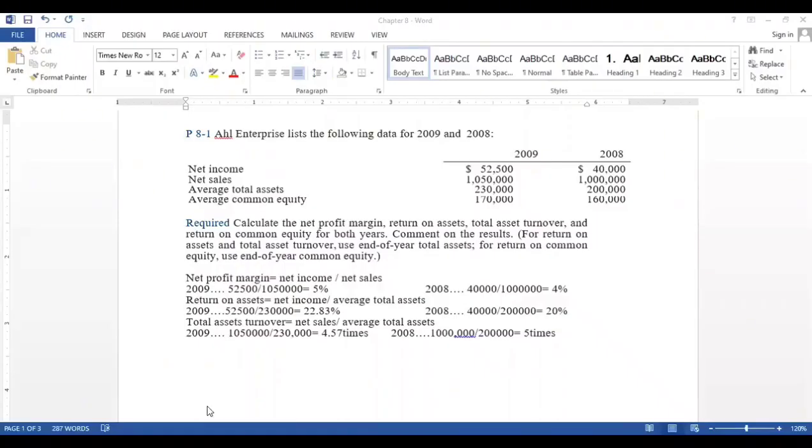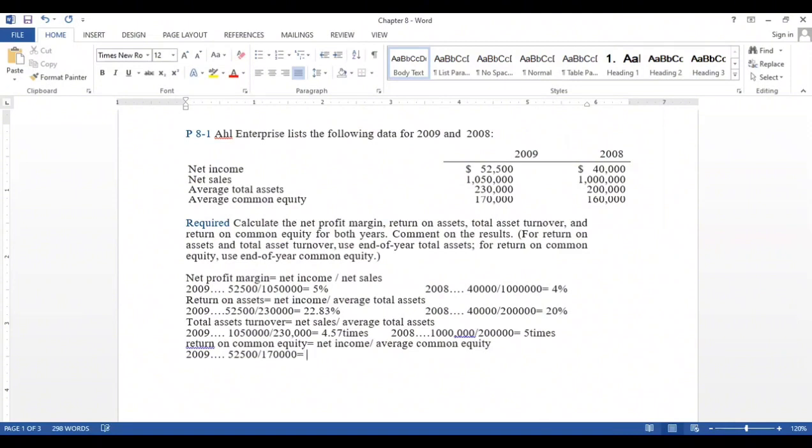Now we need to calculate the return on common equity, which is equal to net income divided by average common equity. So for 2009, our net income is 52,500 divided by average common equity, which is 1 lakh and 70,000.